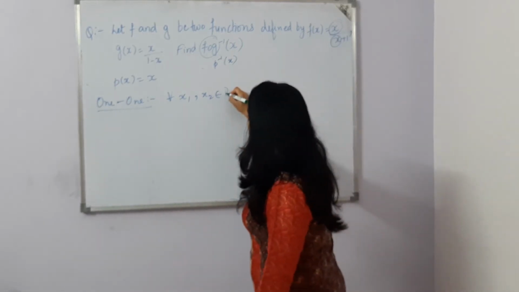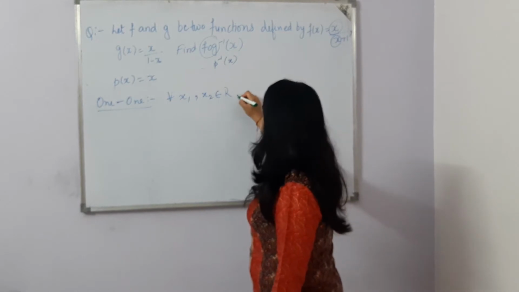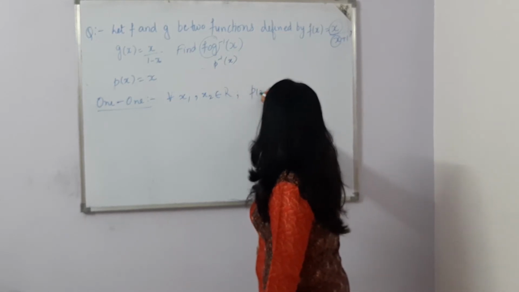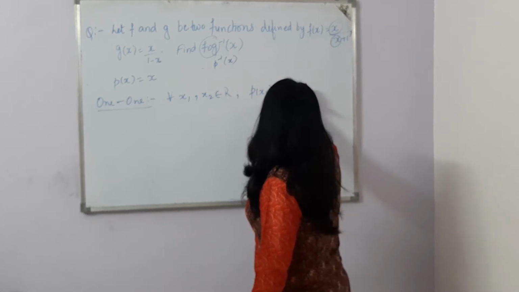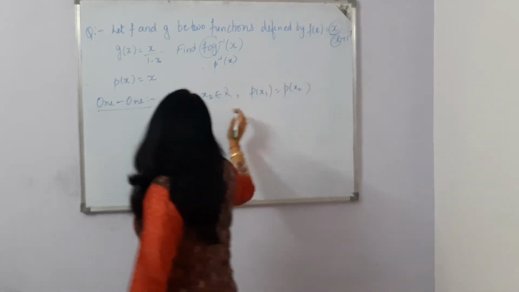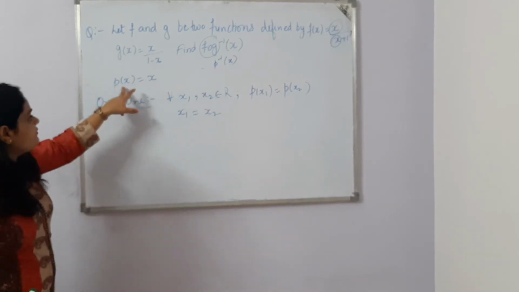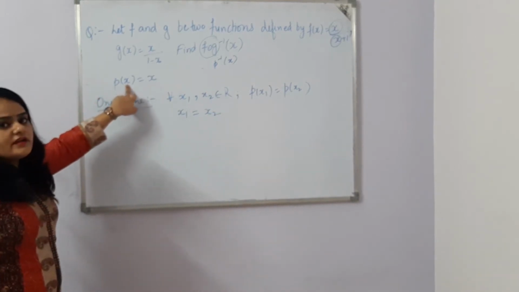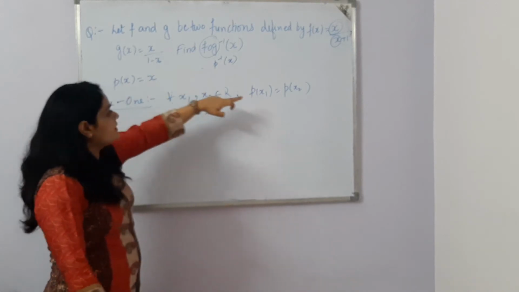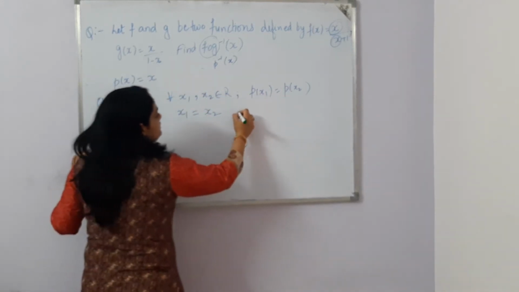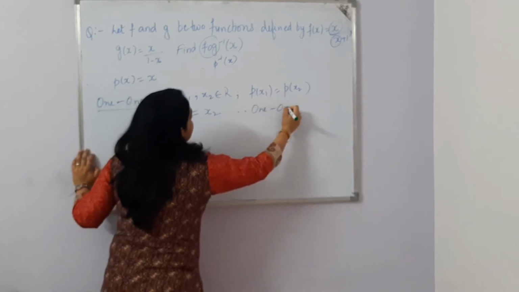So for all x1, x2 belongs to R, p of x1 is equal to p of x2. So x1 is equal to x2, because in function p of x, in place of x we substitute x1, and again in place of x we substitute x2. So x1 is equal to x2, directly we get one-one.